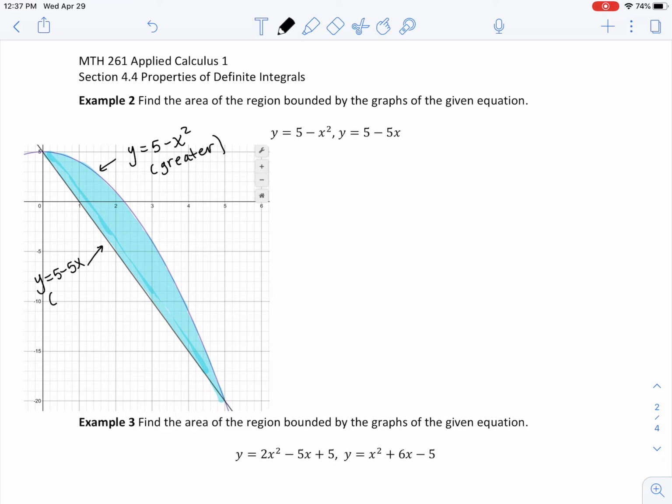This one is y equals 5 minus 5x. And this is the smaller function, because this is below it. So if I want to find what I'm integrating, I'm going to do the greater, 5 minus x squared, minus 5 minus 5x.